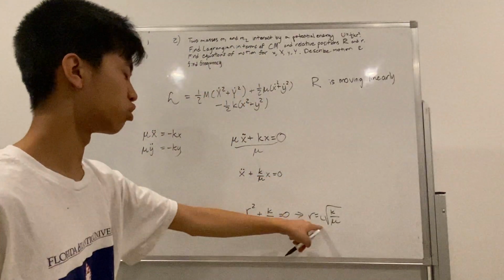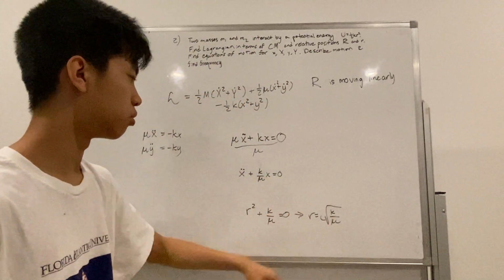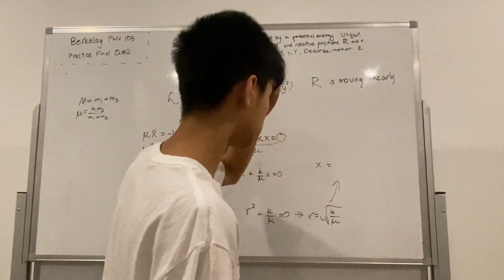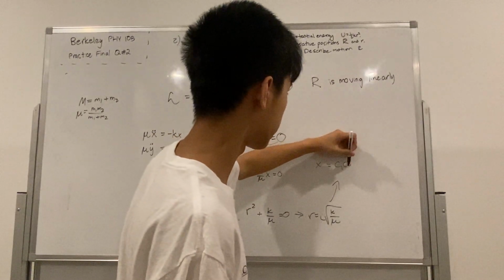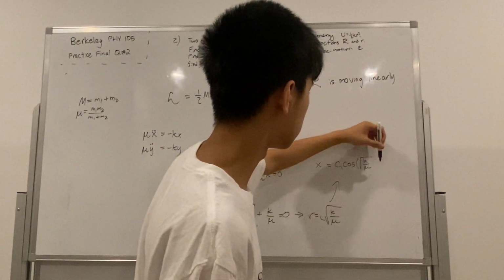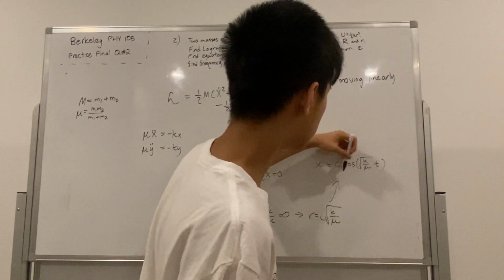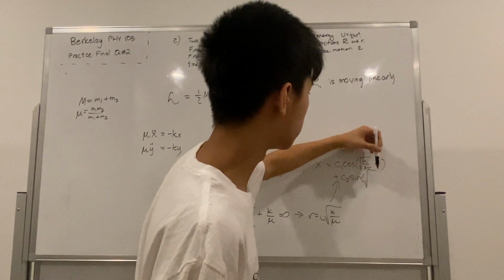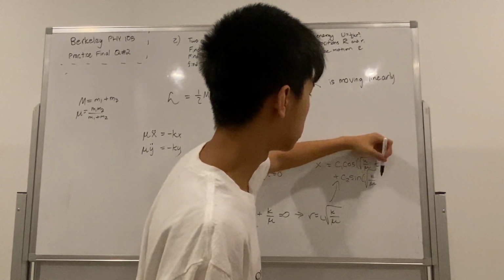So since it's just 0 plus or minus this, then we'll have a solution of x equals c1 cosine square root of k over mu t plus c2 sine square root of k over mu t.